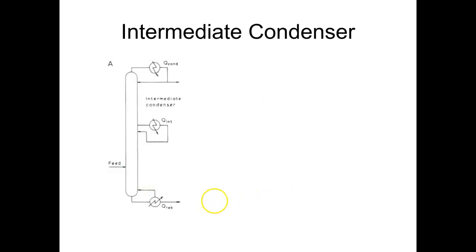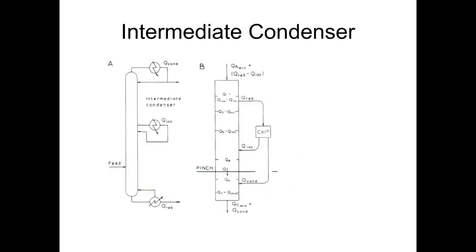So this is a typical intermediate condenser, and if I look here in figure B, it has been shown that the column is not properly placed. We see that the energy is received from the process above pinch, and it is given back to the process below pinch. Now, if I have an intermediate condenser, and as I told you, the intermediate condenser will have a temperature greater than the actual condenser.